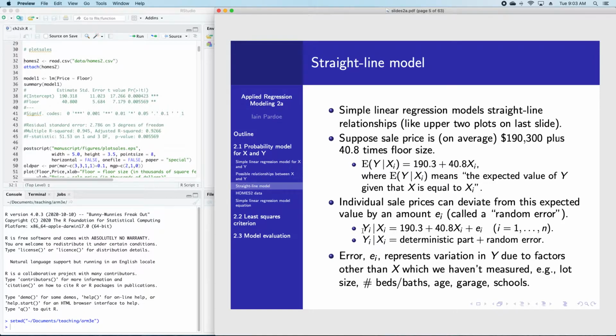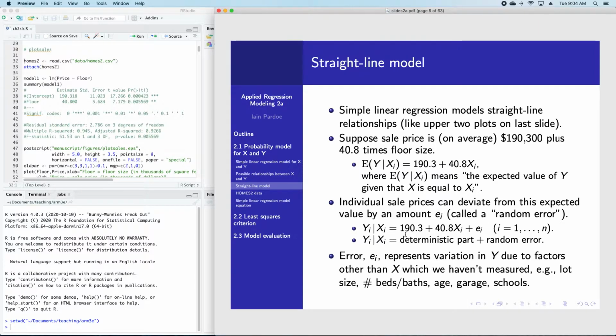So yi is the individual sale price. So it's 190.3 plus 40.8 times xi plus this random error. So these random errors, some of them are going to be positive for more expensive houses relative to their floor size, and ei will be negative for less expensive houses relative to their floor size.